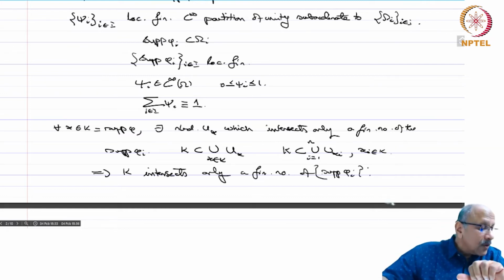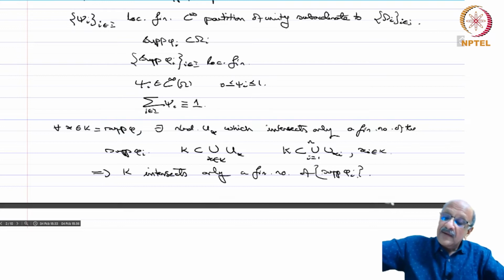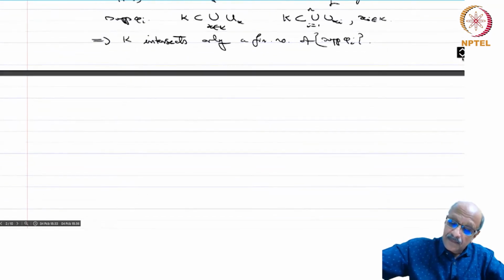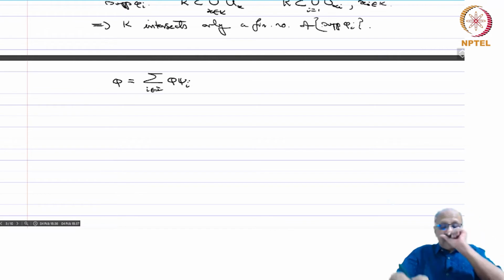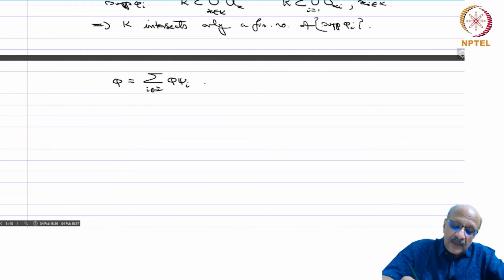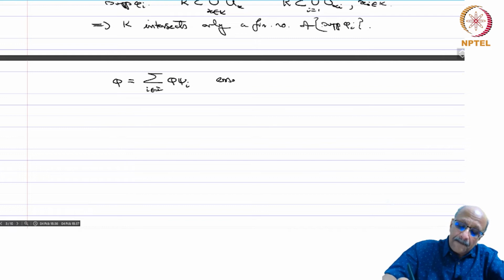Okay, so therefore we can write φ equal to the sum over i in I of φψ_i. This is well defined because again for each x in K, it will only intersect a finite number of supports of ψ_i. So this is essentially only a finite sum.